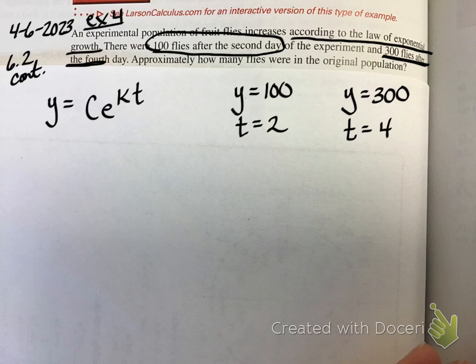Approximately how many flies were in the original population? An original population would happen at time equals 0. So we're going to take the first fact and plug it in. So the very first thing we're going to do is deal with those two.